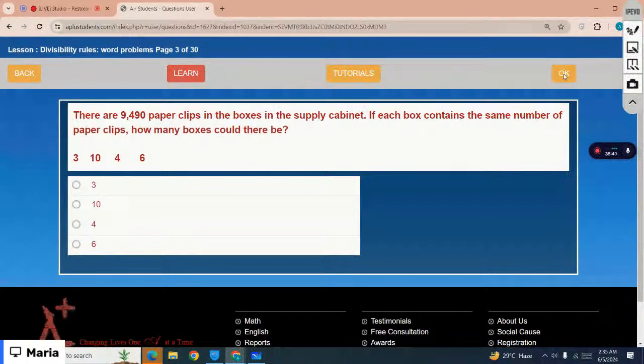There are 9,490 paper clips in the boxes in the supply cabinet. If each box contains the same number of paper clips, how many boxes could there be? So which is the correct option?